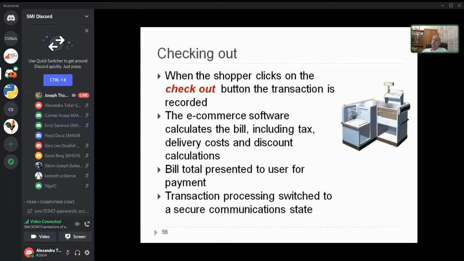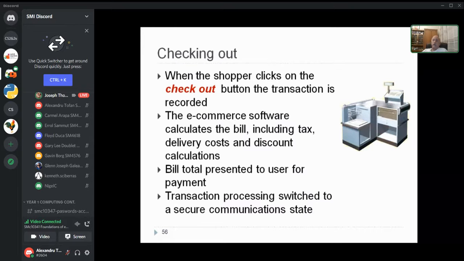When you press the checkout button, this is where you finally confirm that you are going to finalize your session. The e-commerce software will now calculate the bill. It will calculate any tax that you need to pay, any delivery costs, and if there are any discounts, it will deduct those from your bill.